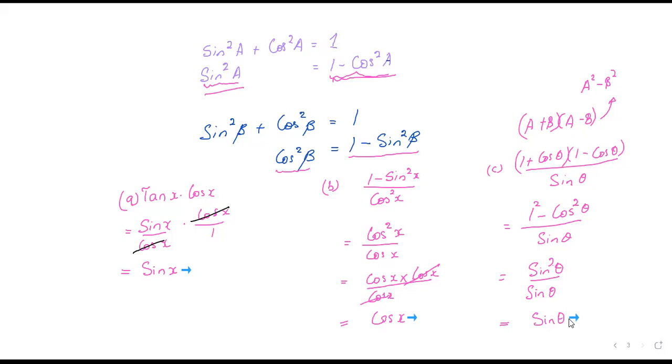Let's go for a second leg of these exercises. In the second leg, we are going to have the left-hand side and the right-hand side of an identity.